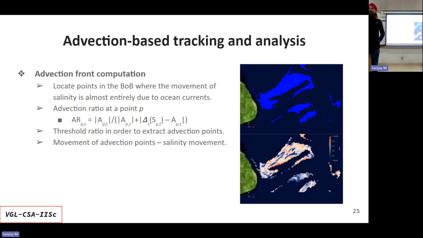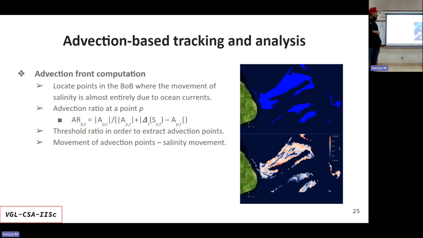Say advection brings salt into a locality and it's also moving out due to some other reason; the total would get subtracted, but we want the total movement, whether in or out. So we take absolutes of the salinity movement due to advection and the salinity movement without advection, add them up, and take the ratio with the movement due to advection.